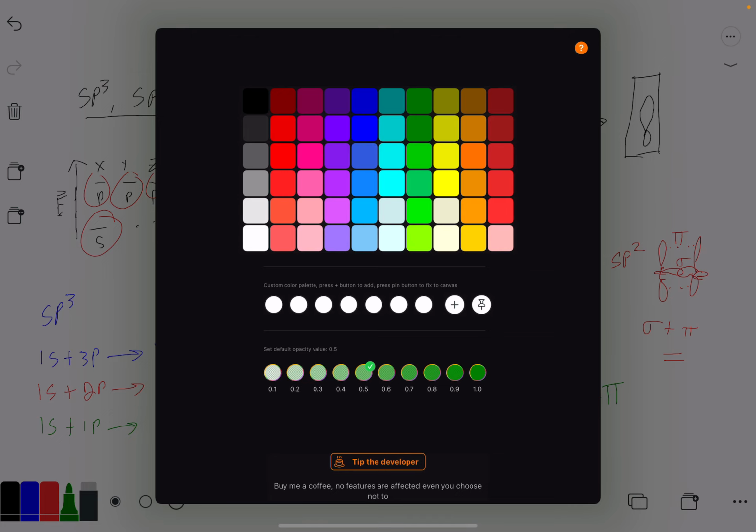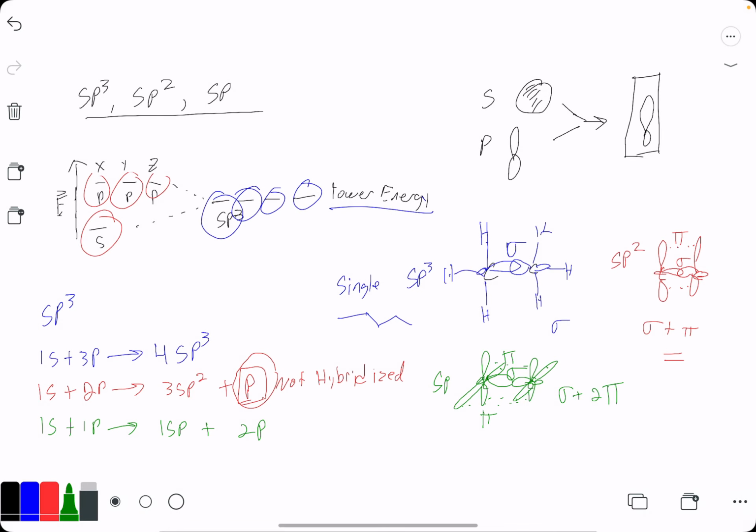And for sp, you would have something like acetylene, a triple bond. So all you have to do is look at how many bonds the carbon has, and that will tell you its hybridization.